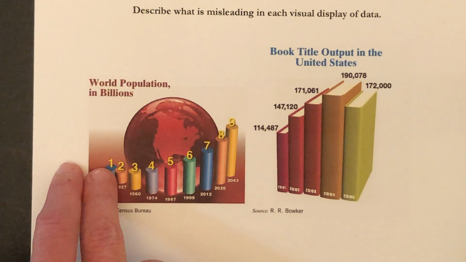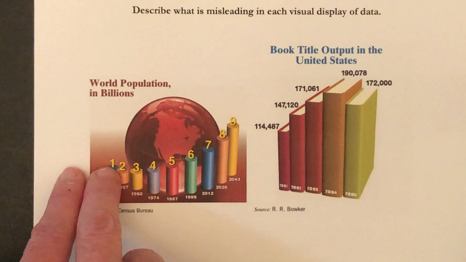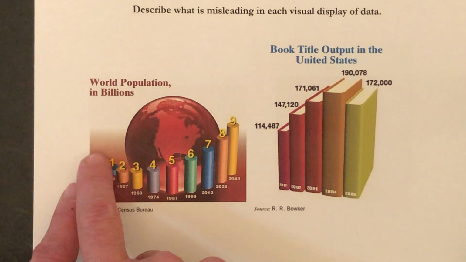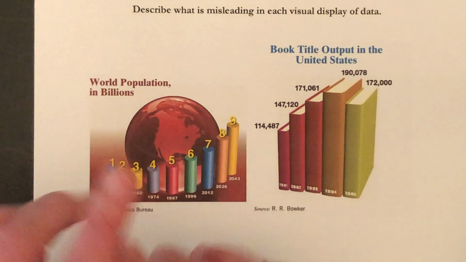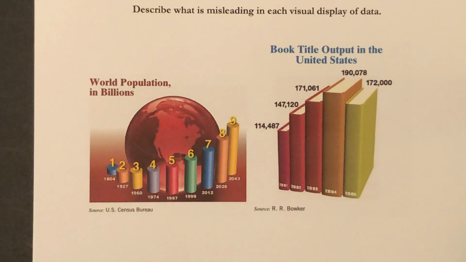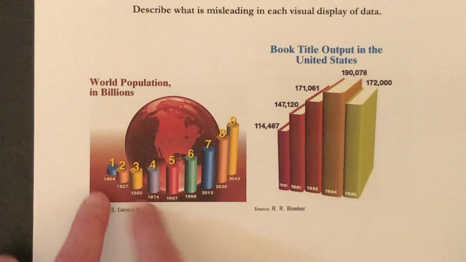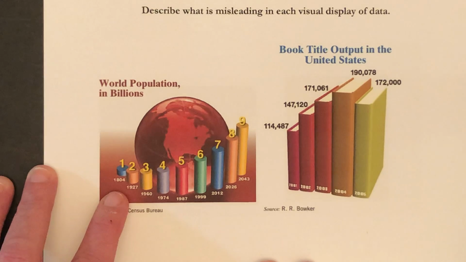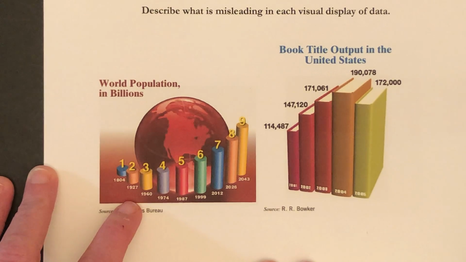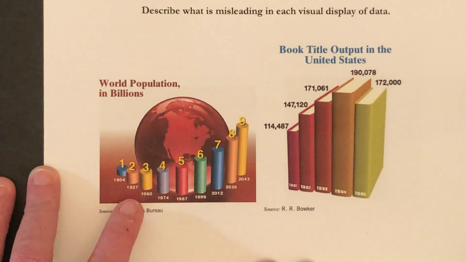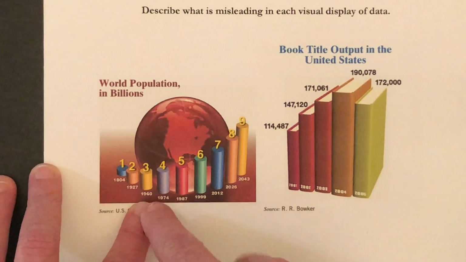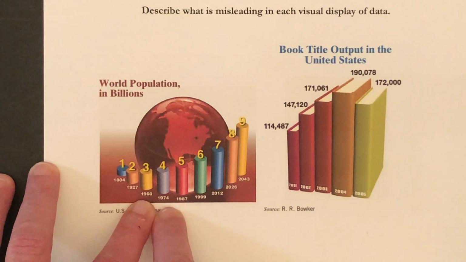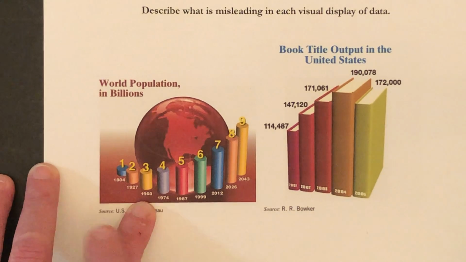This one is about how the population in billions is going up. So they've got the graphic going from left to right, from 1 billion up to 9 billion, and it's scaled up nice and linearly, so that makes sense. So what's misleading here? Now we look down here. What are our years? 1804, 1927, then 1960. See, we're at 1960 right here. So 1974, those are a lot closer together than those two are.